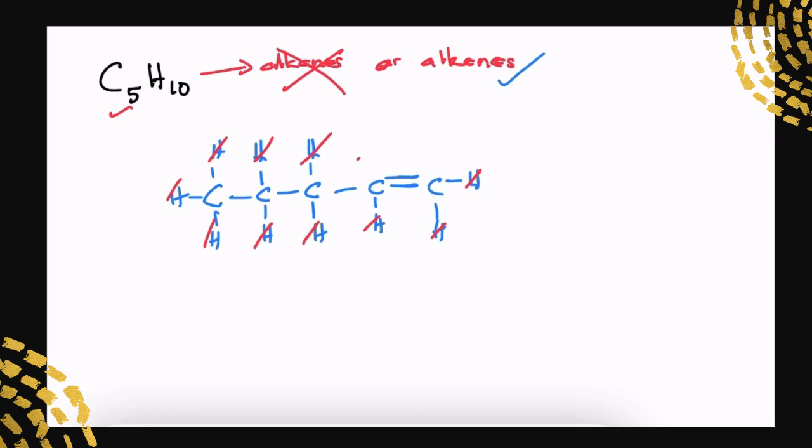The functional group isomer, or the pair for alkene, is cycloalkane. Cyclo means it is a cyclic compound. Alkane, all are single bonds. So to solve this problem, we need to propose alkenes and cycloalkanes.